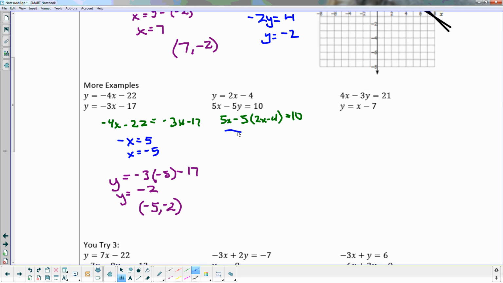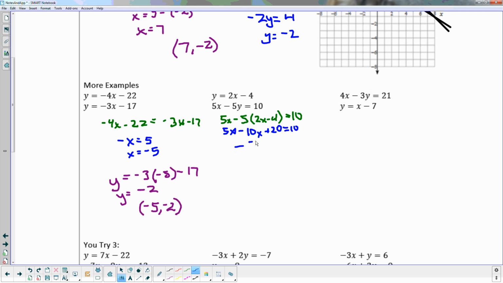We get 5x. Negative 5 times 2x is going to be negative 10x. Negative 5 times negative 4 is going to be positive 20. And that's going to equal 10.